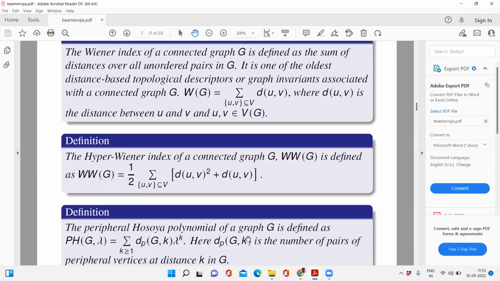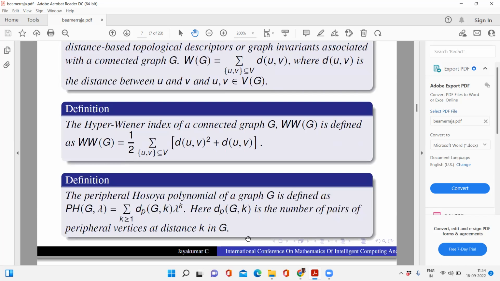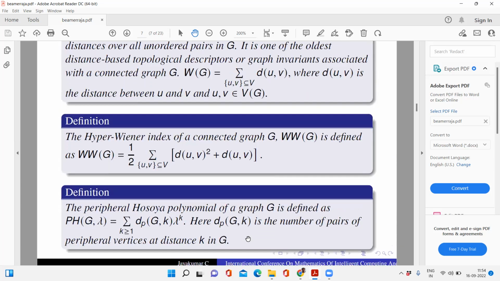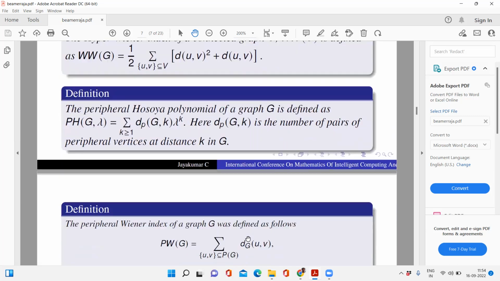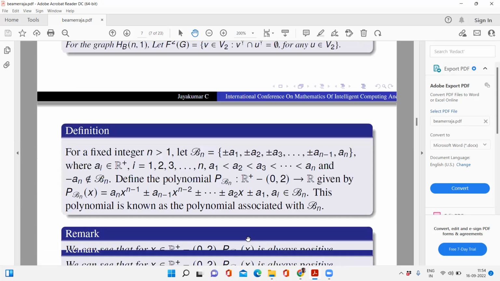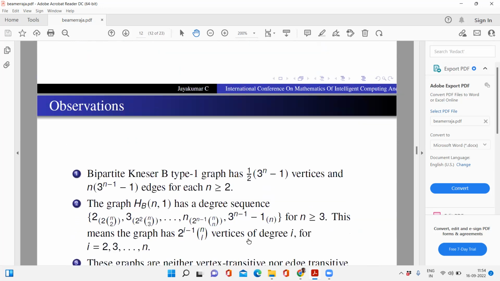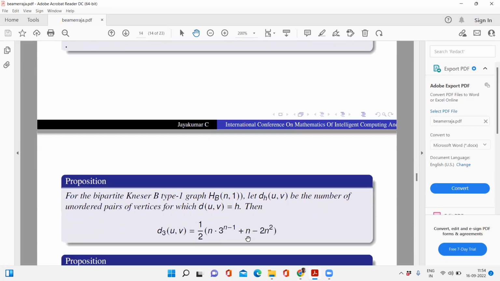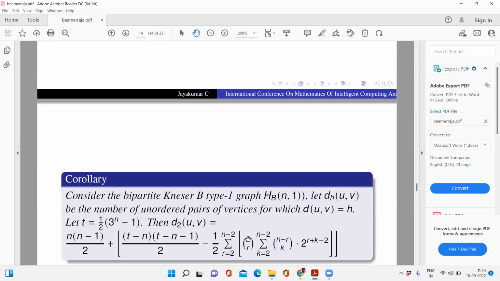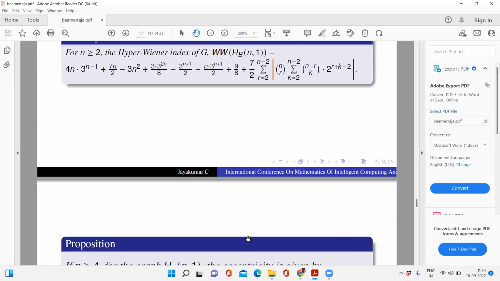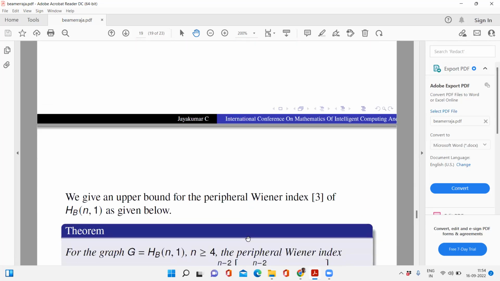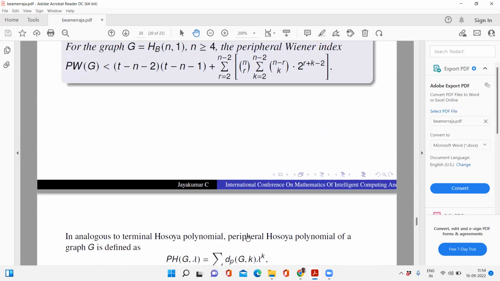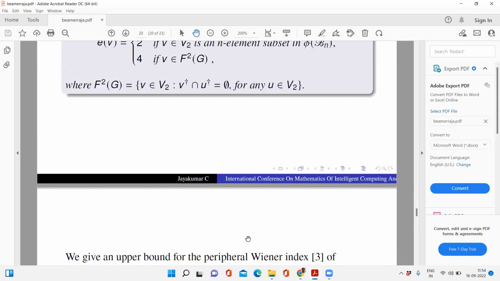Moreover, the hyper-Wiener index is calculated using distance. Using the formula given over here, we calculated the hyper-Wiener index also. Then we calculated other things, like the peripheral Wiener index and the Hosoya polynomial, and all these are calculated using the eccentricity.